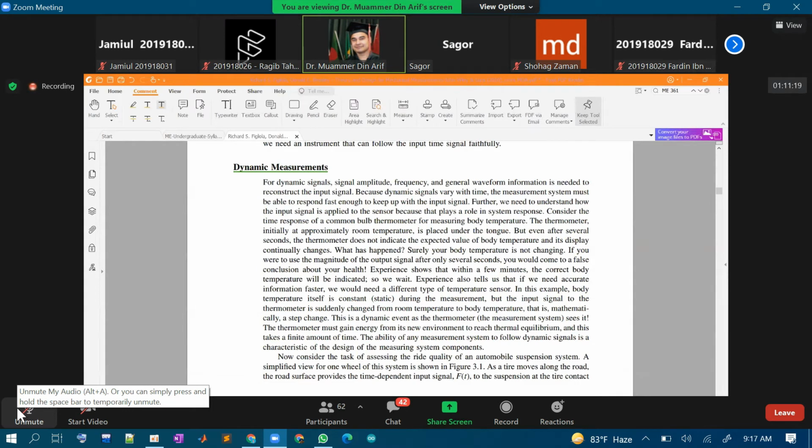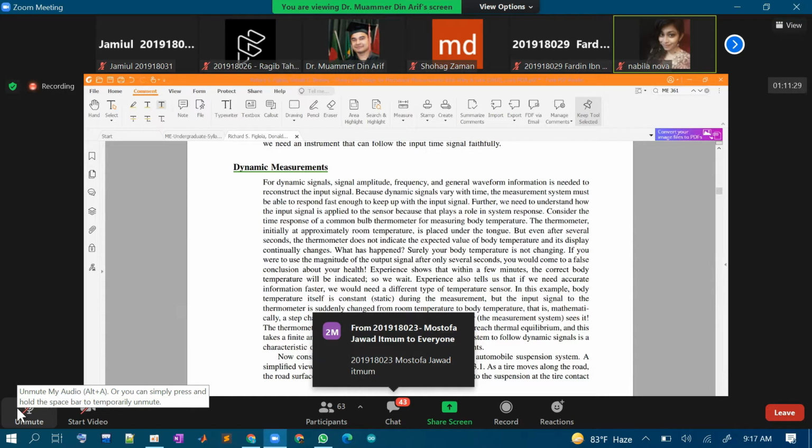এনিওয়েজ আমাদের কোনো লস হয়নি, আমি তো রিভিউ করছিলাম পাস্টের জিনিস। So this is what we start with today. Dynamic measurement.